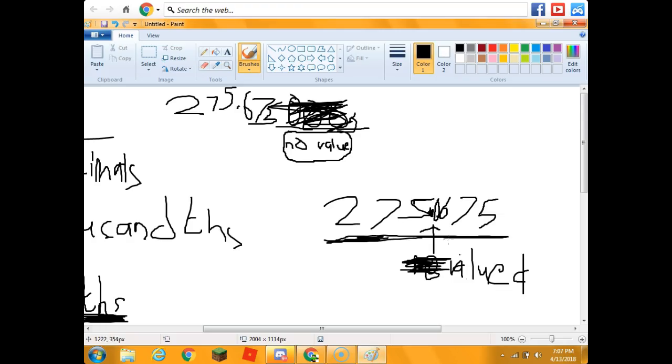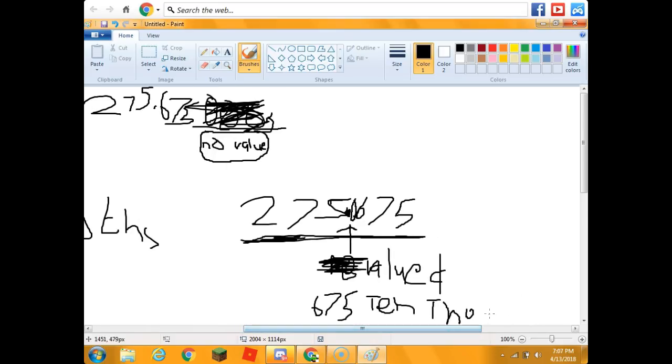So you would say this as 675 10, and you might get mixed up because tenths, thousandths, but it's actually 10,000. I just wanted to pull up a little Google search to help you understand this.